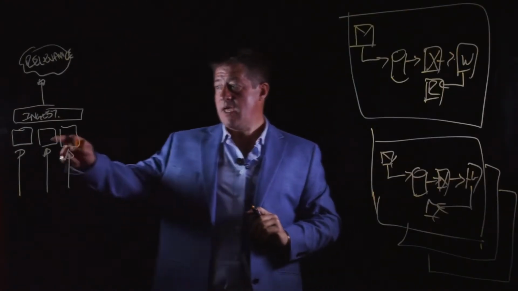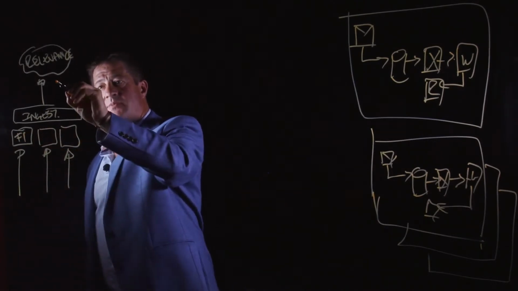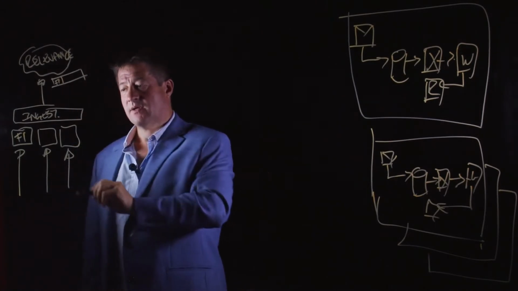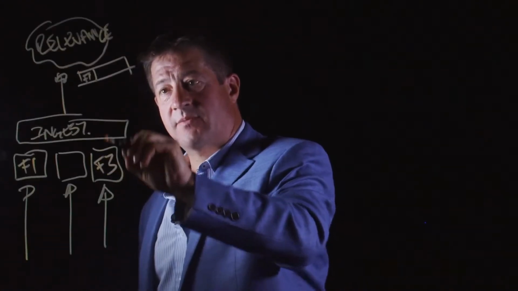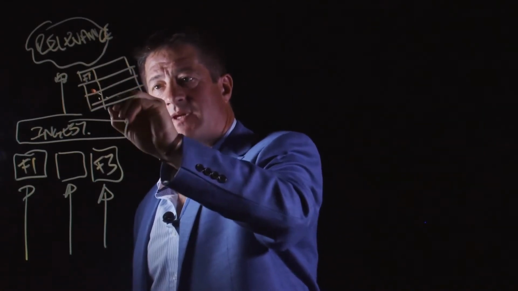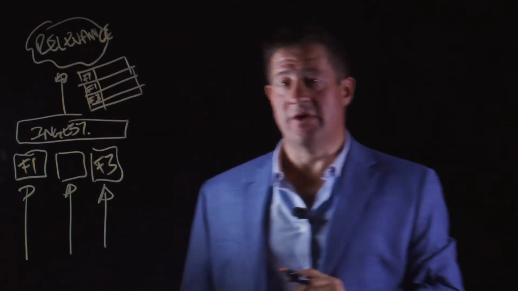Now, every single bit of data, if that's firm 1, when the bit of data gets up there, the first entry in it is firm 1. And that's firm 3. If we look at the data, each bit of data is owned by a firm.